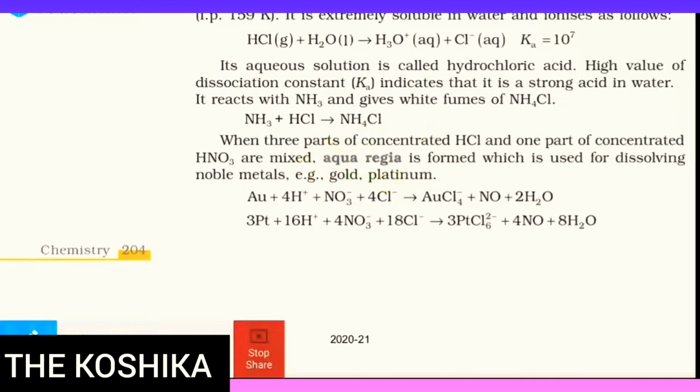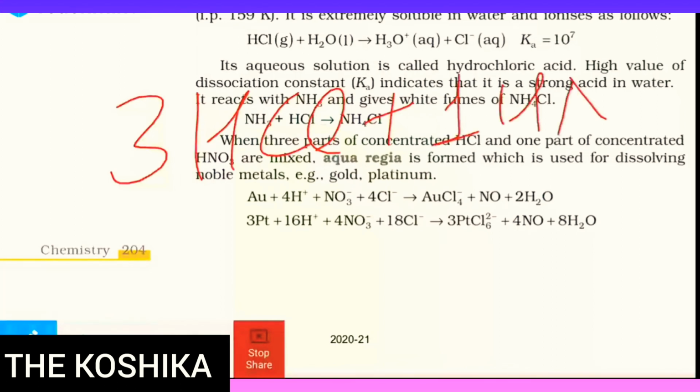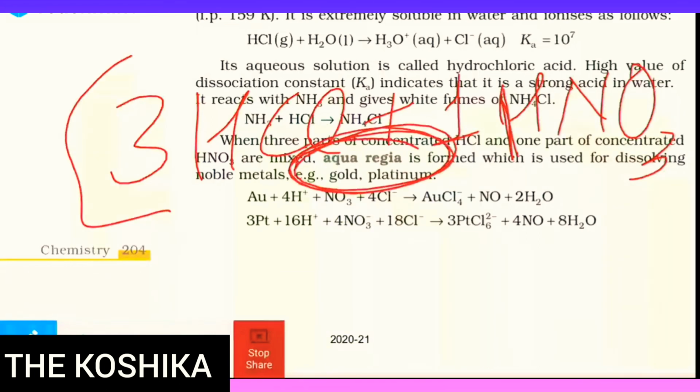When three parts of concentrated HCl, that is 3HCl, plus one part of concentrated HNO3, 1HNO3, ठीक है. When they are mixed, then the solution which is formed is known as aqua regia.